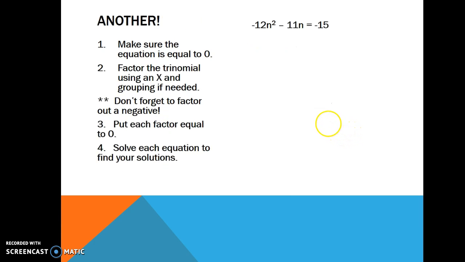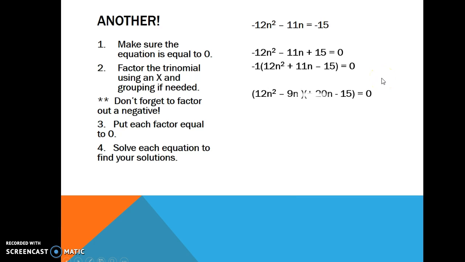Okay, again, we need to make sure that we get this equation equal to 0. We're going to start by factoring out that negative 1. Make your x. You're going to have to use grouping or a box to get this. So you can see here how I've regrouped. I'm ignoring this negative 1 for right now, and I'm just showing you our methods for factoring this.